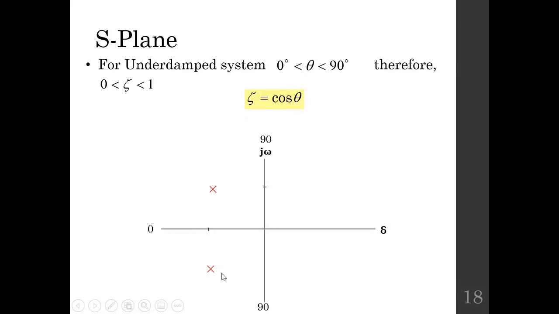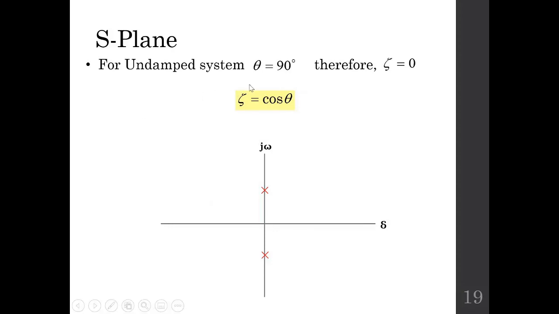This also means that your poles will lie in either of these regions. In that case, your system will be an underdamped system, because if you put a value of theta between 0 and 90 degrees in this equation, you will always get zeta between 0 and 1, which means that your system is an underdamped system.